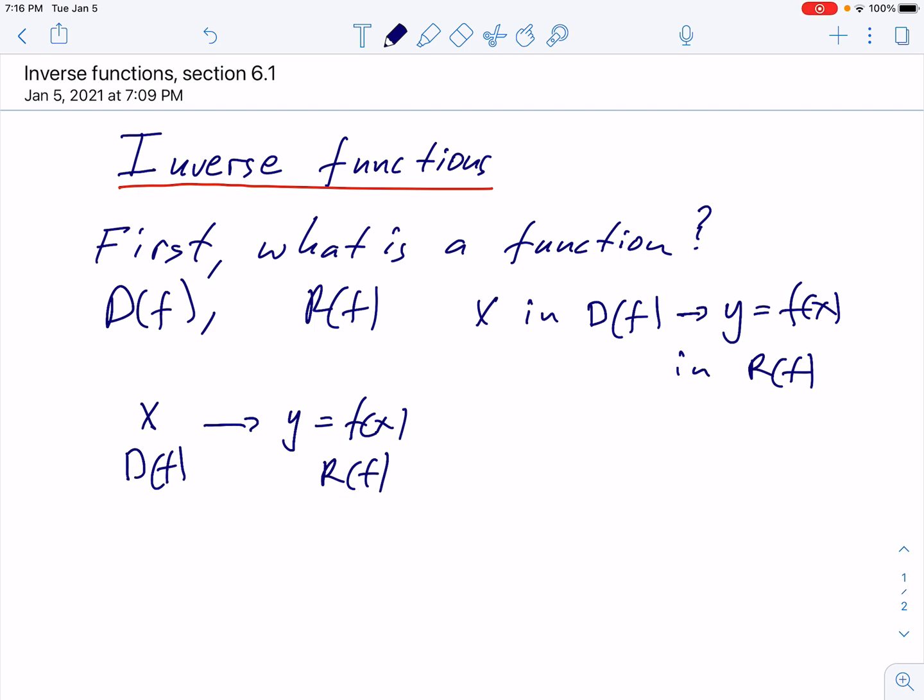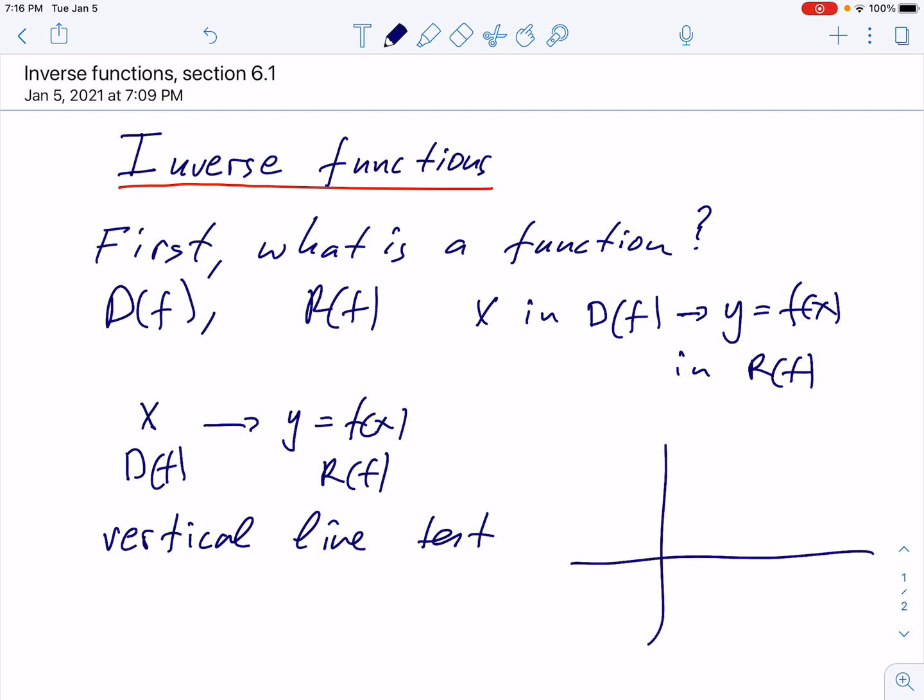For functions, we can use the vertical line test, which tells you when a graph defines a function. So let's say you have a graph like that in the xy plane.